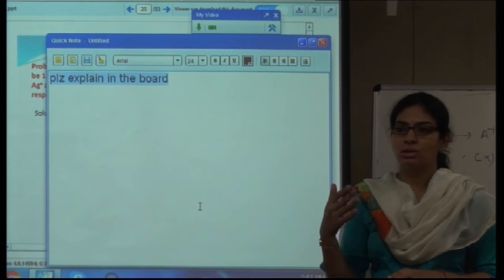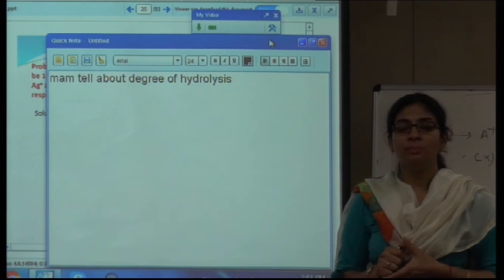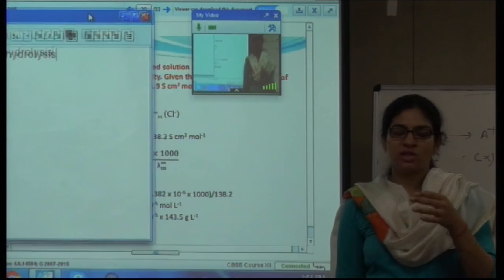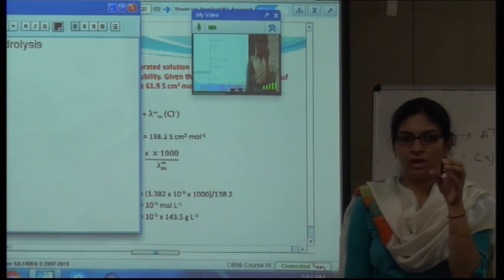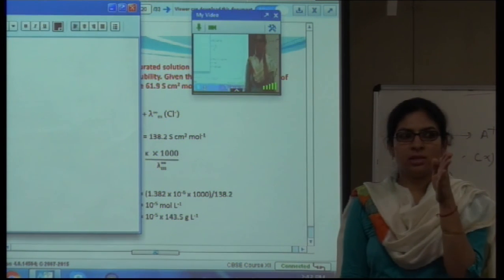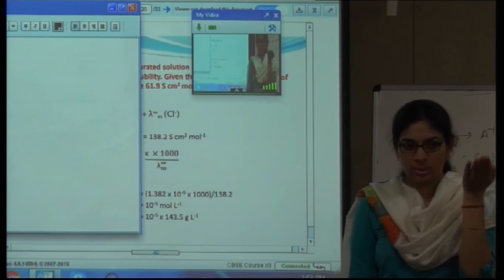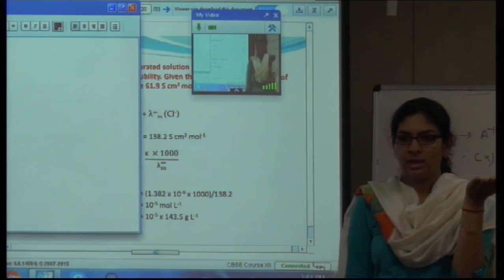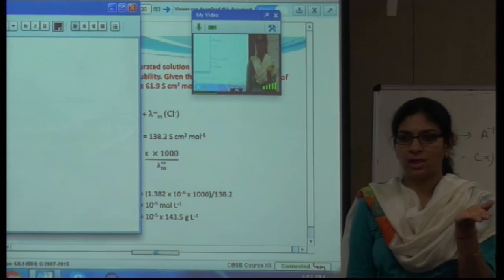Based on those laws you may have numerical problems. Then you may have questions based on lambda m infinity, that is conductance: how to calculate the molar conductance, specific conductance, equivalent conductance, and their relation with the specific conductance.